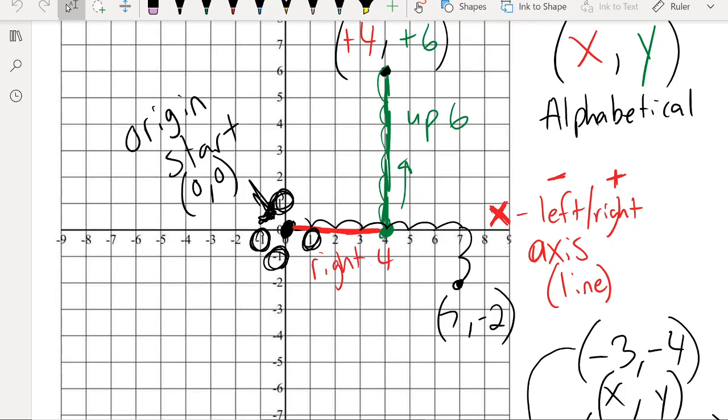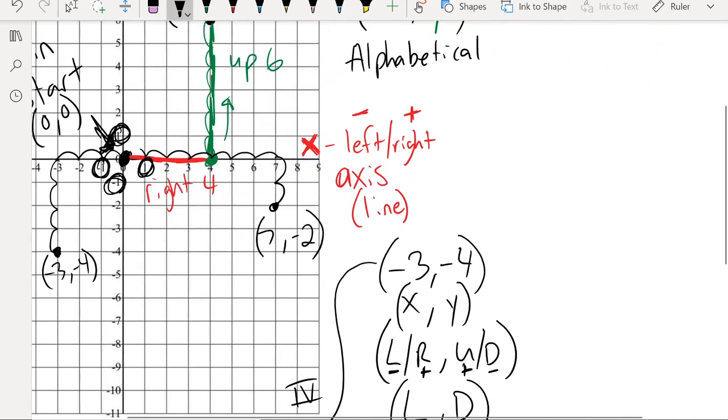But -3, -4 means I go left 3, 1, 2, 3, and then I'm going to go down 4, 1, 2, 3, 4, right here, -3, -4, right? That's it. All right, let's do one more.